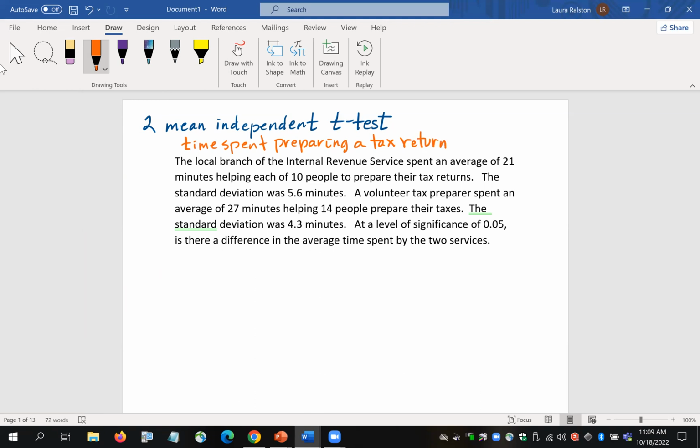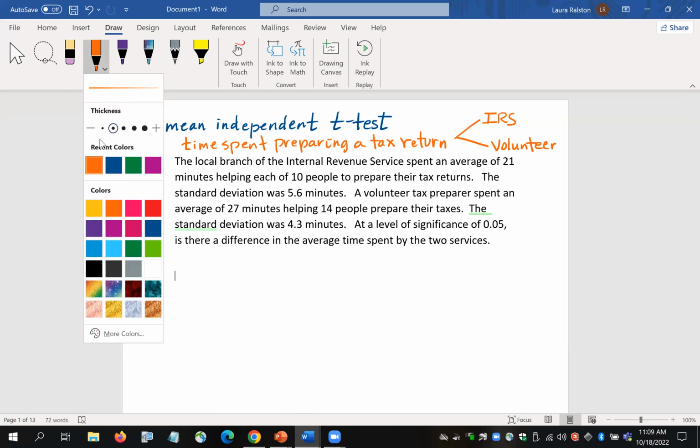That's the information we're collecting, and we are collecting that information from a local IRS office and from a volunteer tax preparer. So I'm collecting the same information from two different groups. Okay, so that is my clue, or what I need to recognize to indicate that this is a two-mean independent t-test. Two, because I've got two different populations, and we're only learning about the t-test. We don't do a z-test.